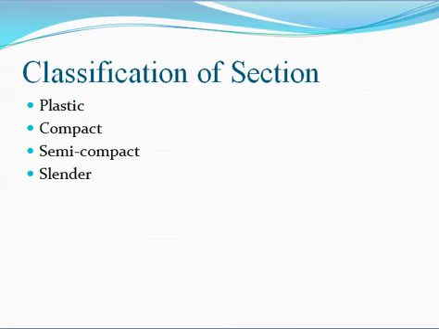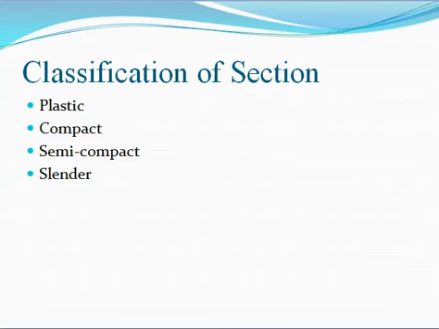In that table, various width to thickness ratios are given for the various types of sections or various classes of the section. Various values are given for a particular type of section.